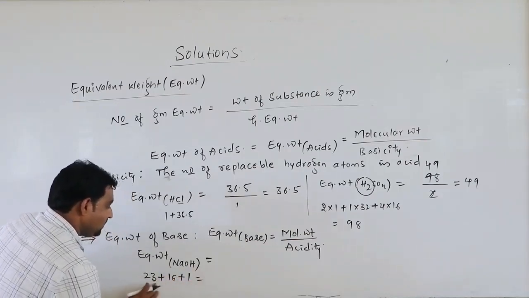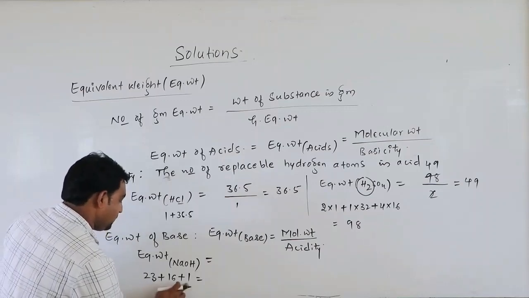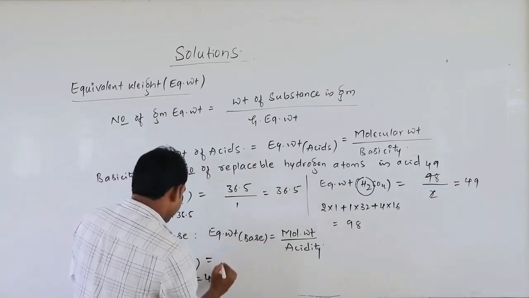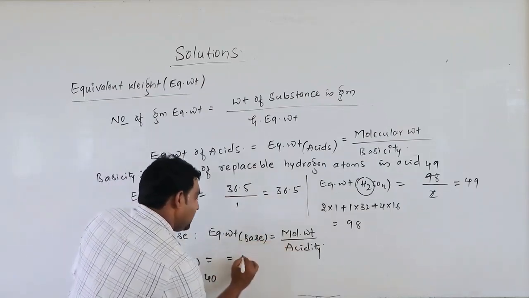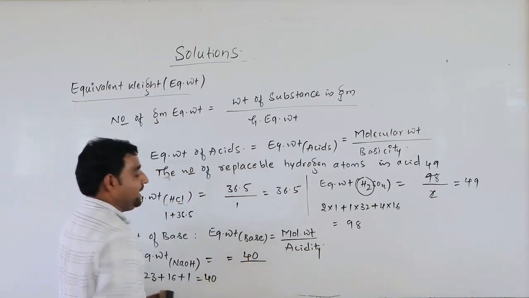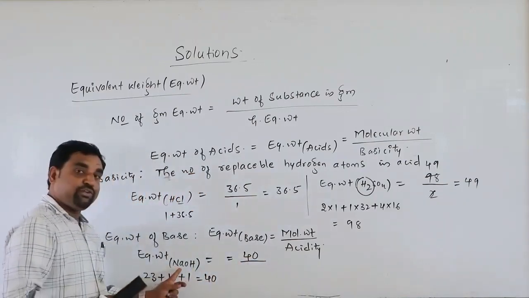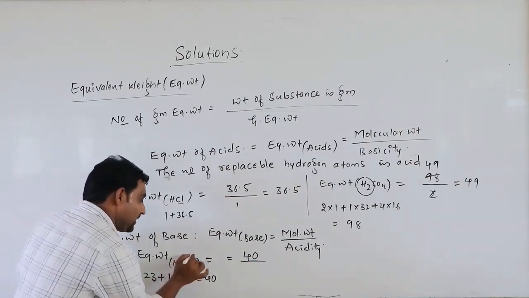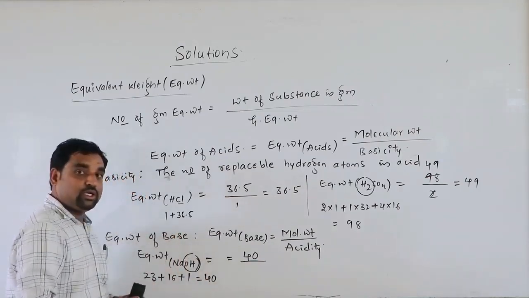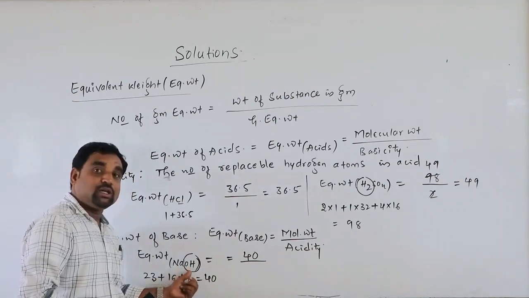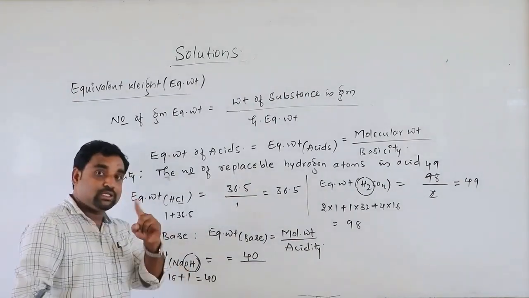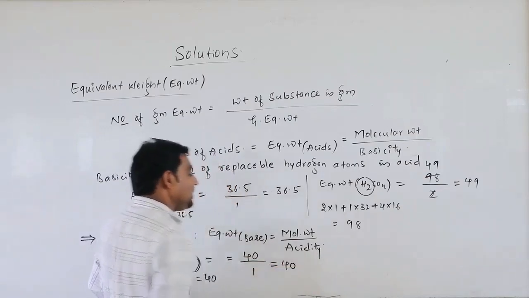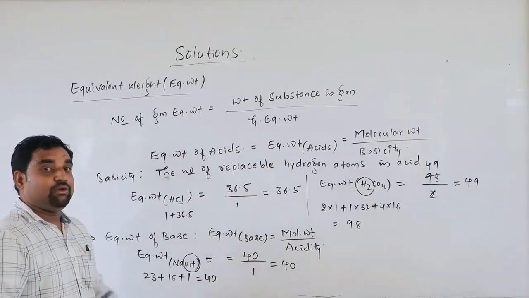Total how much is it? 40. Now the molecular weight of NaOH is 40 divided by acidity. How much is the acidity of NaOH? Number of replaceable hydroxyl ions. Hydroxyl ions means OH. How many hydroxyl groups are present in NaOH? That is 1. So 40 divided by 1 is equal to 40. This is the equivalent weight of NaOH.